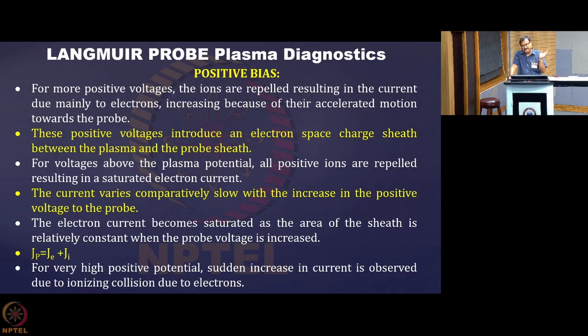So electrons are getting accelerated towards the probe, and ions are gradually getting repelled. The positive voltage introduces an electron space charge sheath between the plasma and the probe. There is a space charge accumulation of electrons, and for voltage above the plasma potential, all positive ions are repelled, resulting in a saturated electron current.